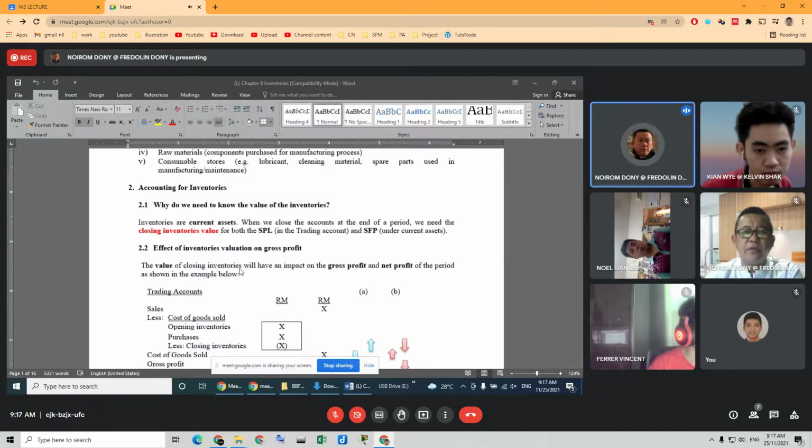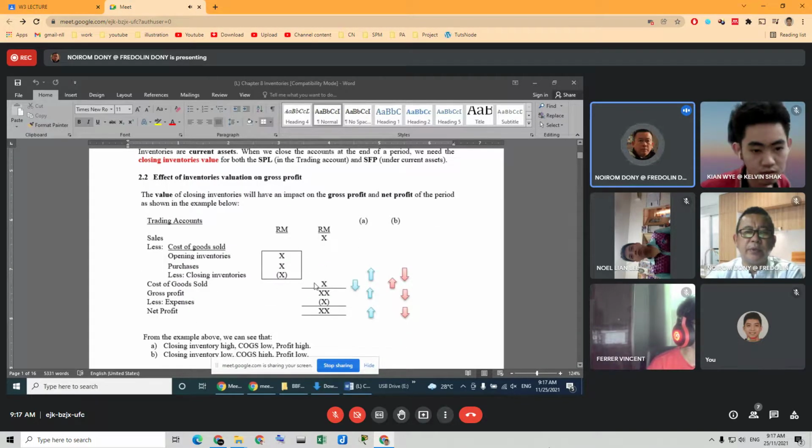This is because of this effect. The value of closing inventory will have an impact on the gross profit as well as the net profit of the period, as shown in this example. You see, this is the trading account, part of the statement of profit or loss, where we are preparing in presentation form. So we have two columns. Two columns on value, one for adjustment, and then the net will be put on the second column.